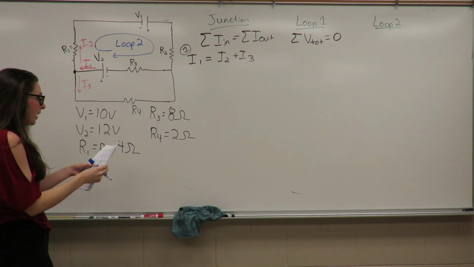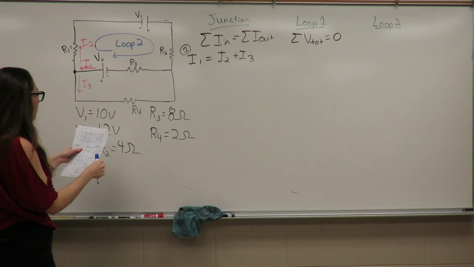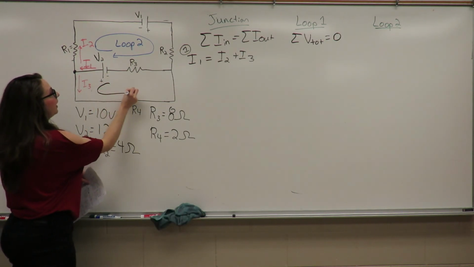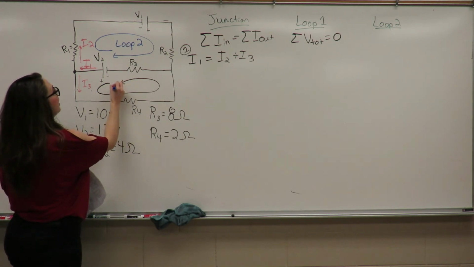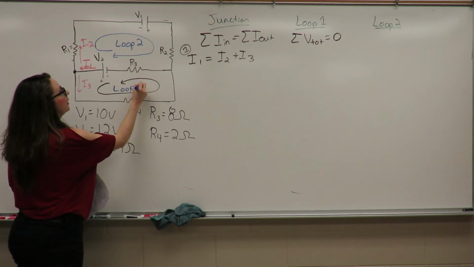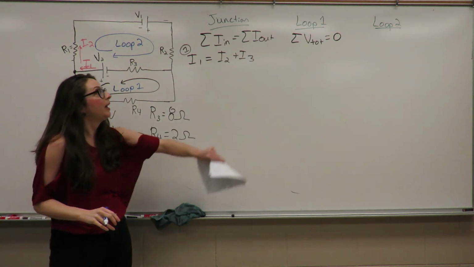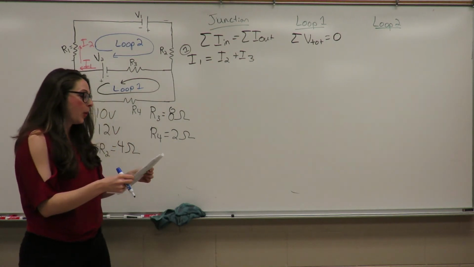Okay? And then down here, I'm going to draw my second loop, starting from this battery right here and going counterclockwise, opposite the direction of the clock, and I'm going to call that one loop 1. Okay? So if we start with loop 1 and apply Kirchhoff's second rule, this is what it looks like.